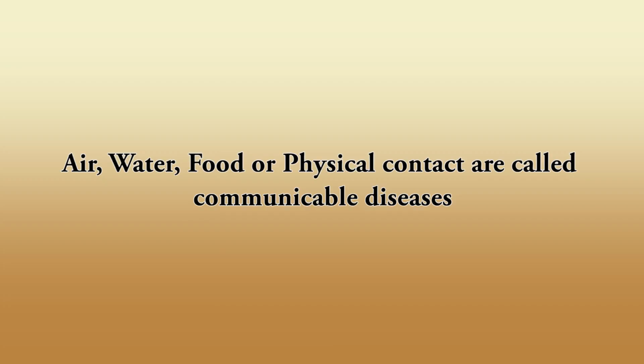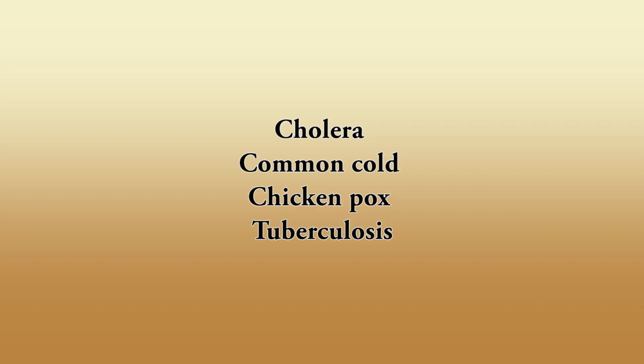Thus, the diseases that can spread from an infected person to a healthy person through air, water, food, or physical contact are called communicable diseases. Examples of such diseases are cholera, common cold, chickenpox, and tuberculosis.